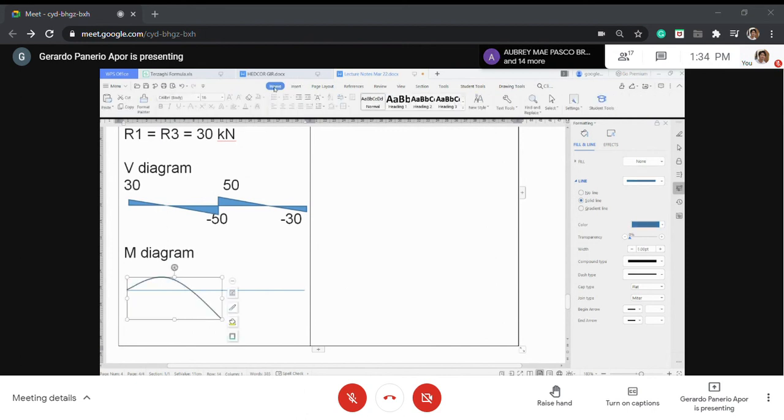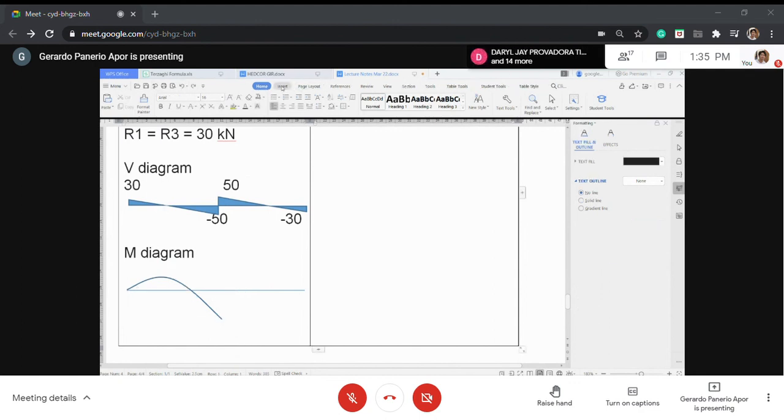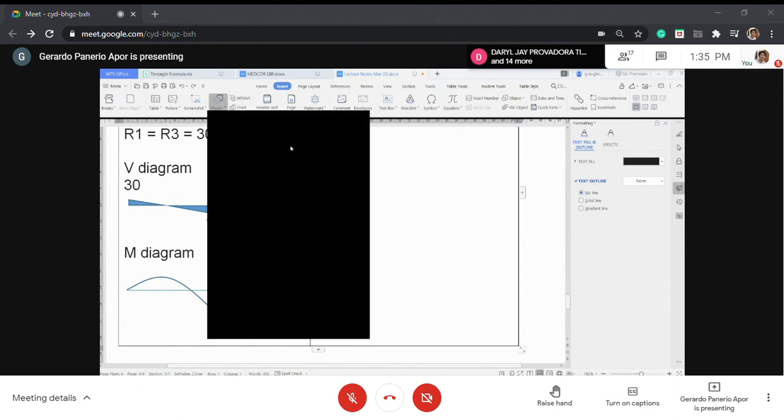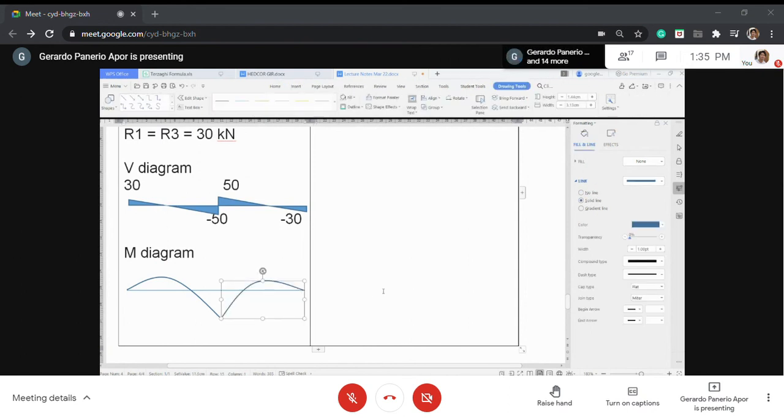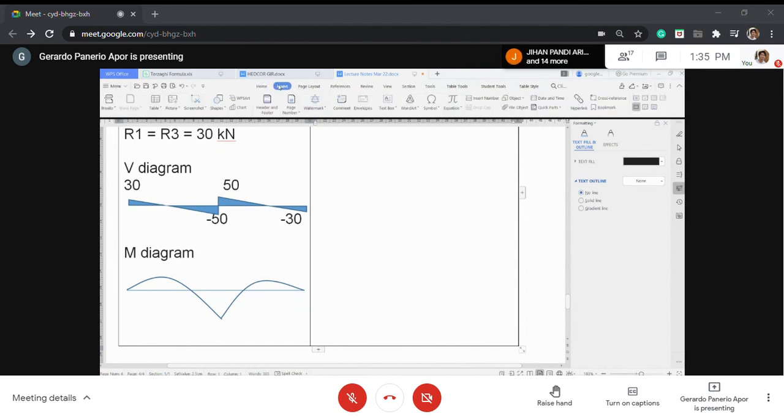Okay, copy, paste. To click this, I'm gonna click that. Then I have to do it another way. Insert sheet. Okay, so your moment diagram will come like that.